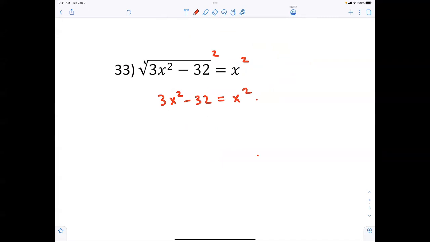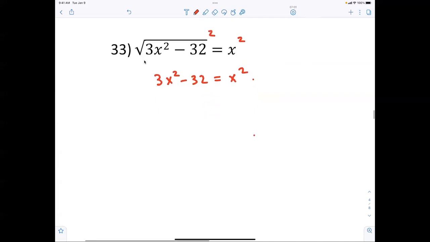So now, moving things around again. Your favorite. So do you see 2x squared equals 32? So x squared equals 16. So x is equal to, people, what? Plus or minus 4.